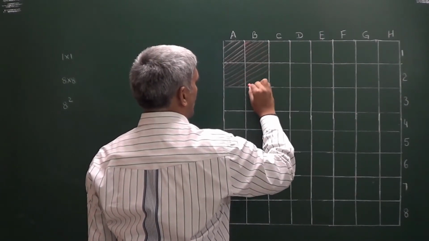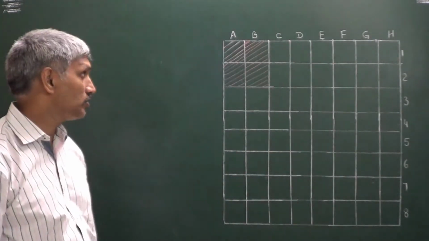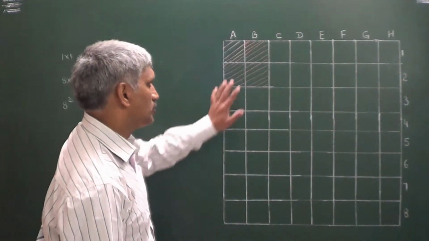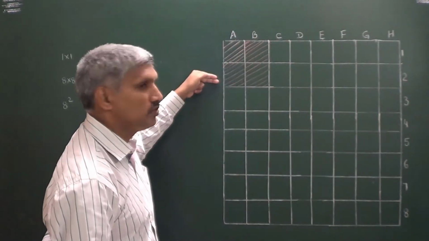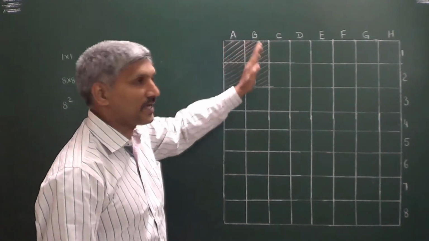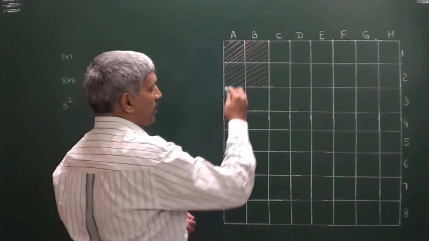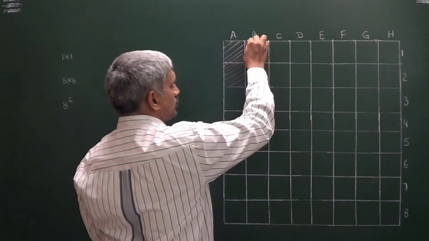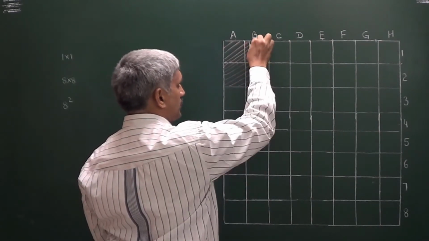Now for these type of squares, what to do? Observe here. This is one square, A, B, 1, 2, right? Next, similarly, another one I am drawing, observe here. This is with vertical lines, I am showing with BC.